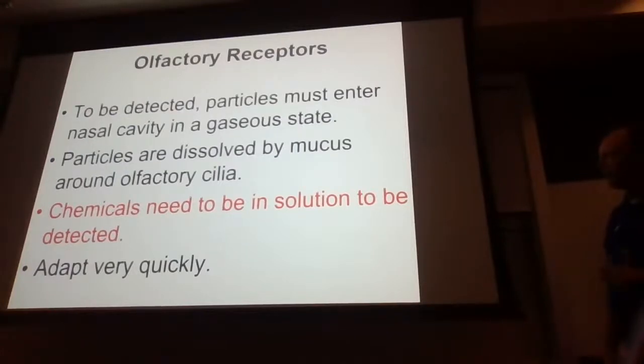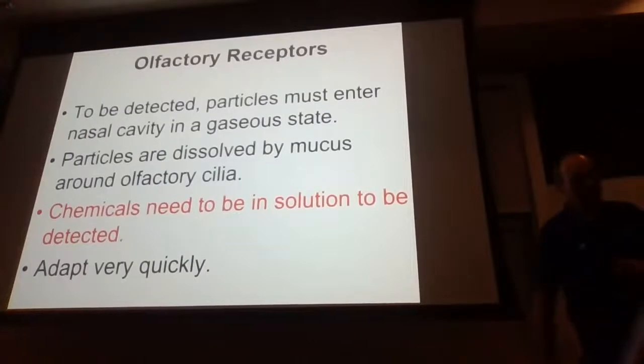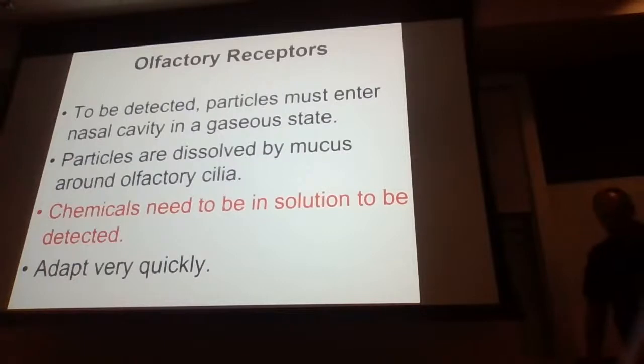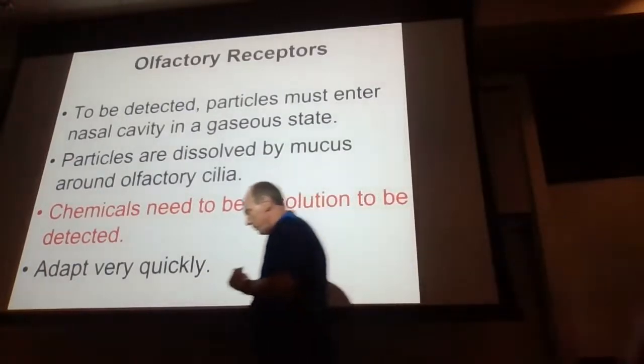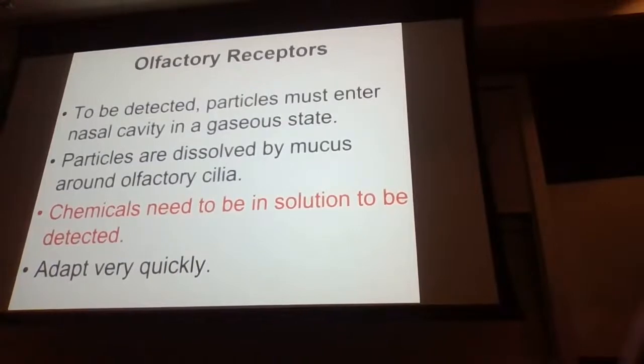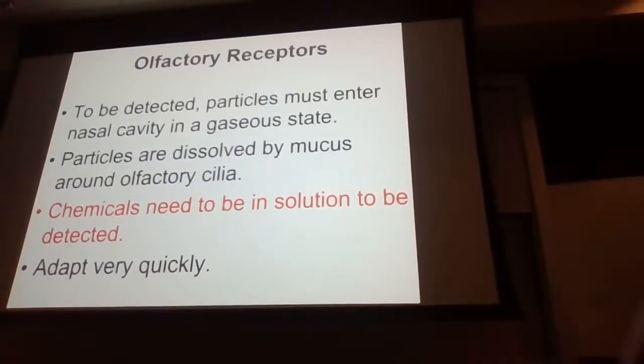And so that mucus is sitting there to help make sure it gets dissolved. The cilia are there in order to move it past more efficiently the neurons that are sitting in that nasal cavity. Now we know too that these types of sensors that sense smell are a chemical receptor, because it has to be in solution.